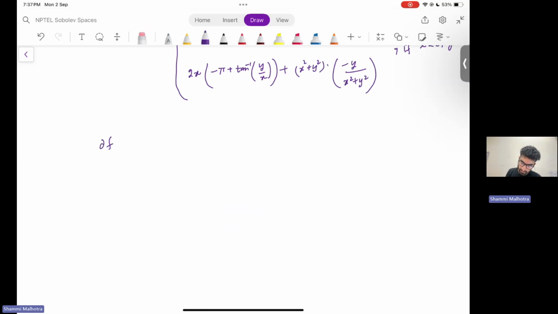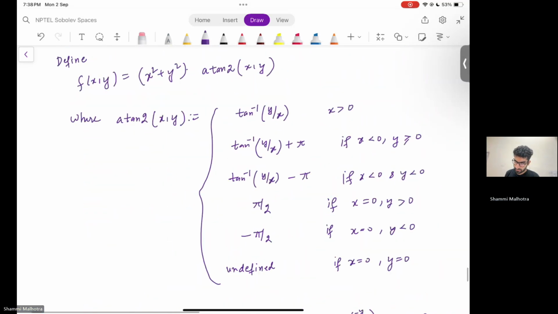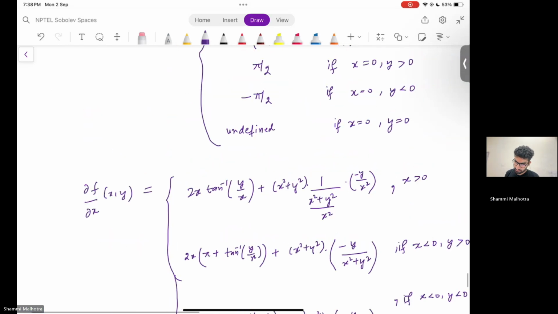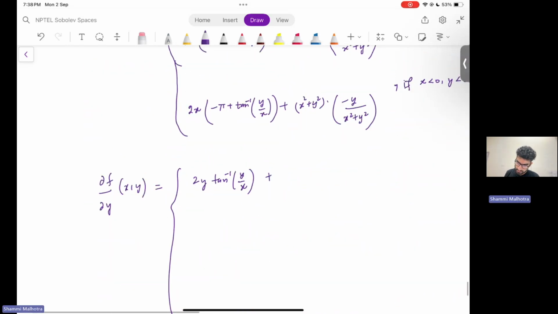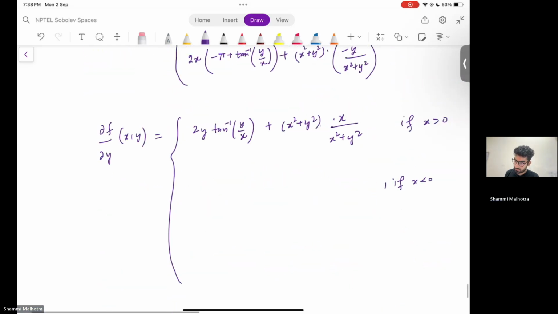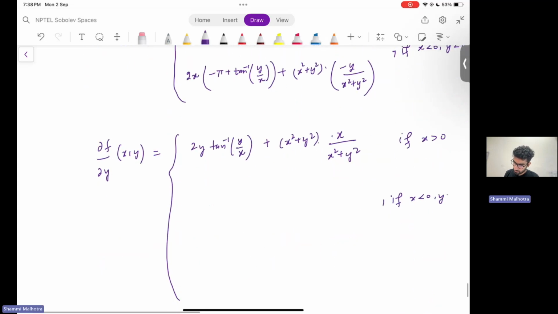Likewise, we have del f by del y of x, y, which is 2y tan inverse y by x plus x square plus y square times x upon x square plus y square, if x is positive. Next, the second quadrant, if x is less than 0 and y is positive.